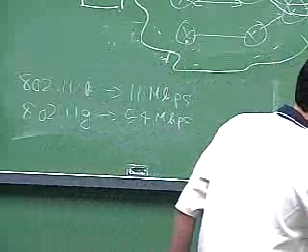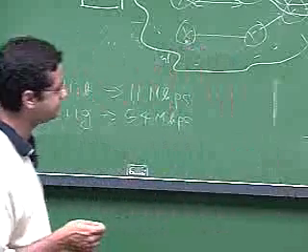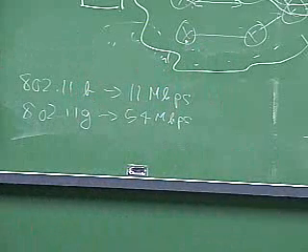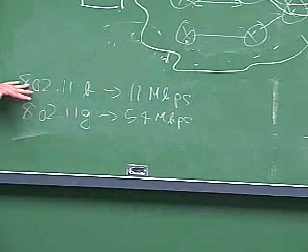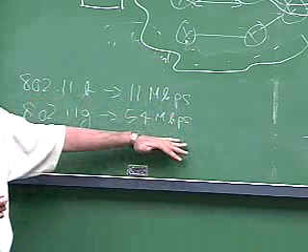It has to be L divided by R. It's in the units of seconds. So a b network transmits at 11 megabits per second, a g network transmits at 54 megabits per second.